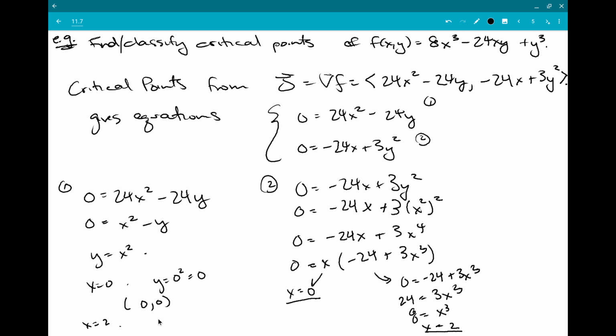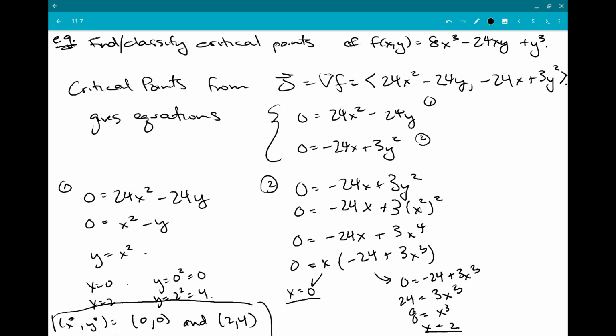Let's do this all at once. From x equals 2, I'll get y is equal to 2 squared is 4. So my points are going to be 0, 0, and 2, 4. So I'll just put a box around that because it's going to matter to me later. So I found my critical points.